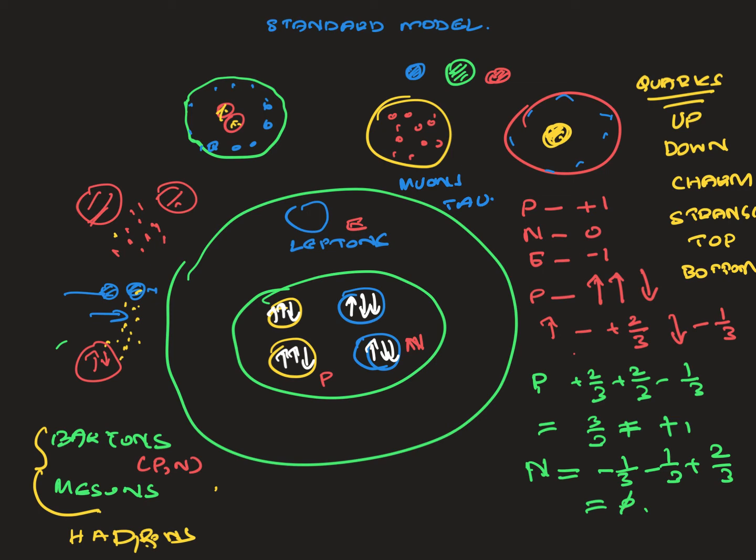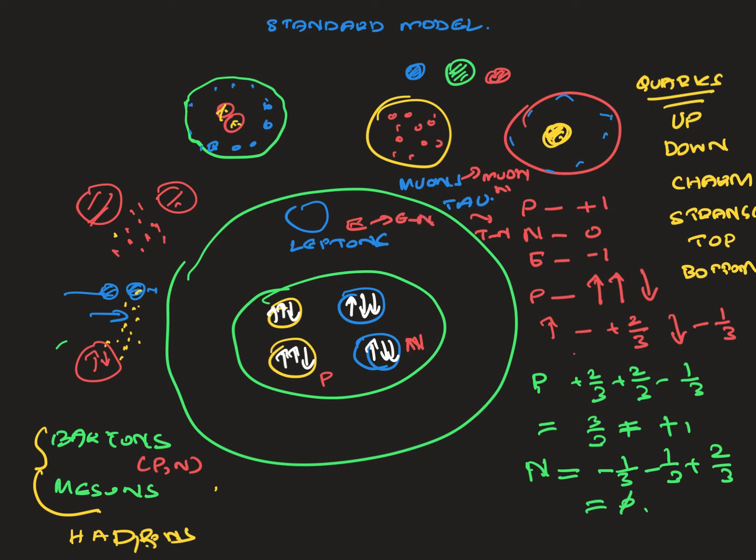Like these electrons, we have another particle called the neutrino. A neutrino is another smaller particle, and we have a neutrino for each of them. Like the muon, we have a muon neutrino. We have a tau neutrino, and an electron neutrino.